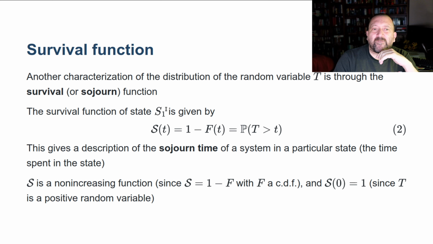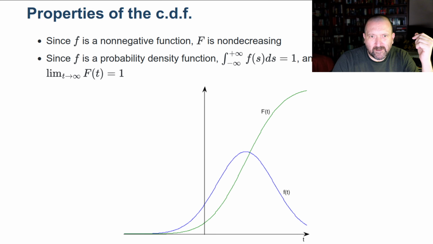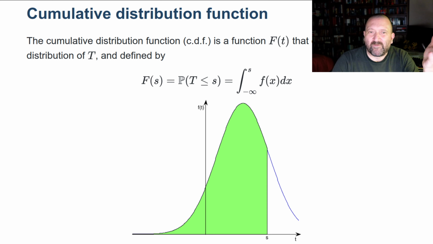The survival function of my state here is simply given by 1 minus the cumulative distribution function. Remember, the cumulative distribution function gives you the probability that the random variable takes values less than or equal to t, or I think I wrote s here. Yes, s.